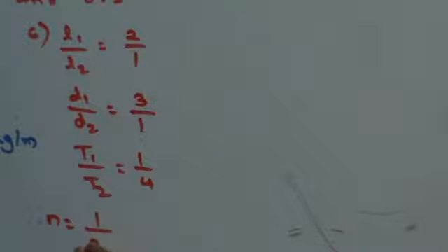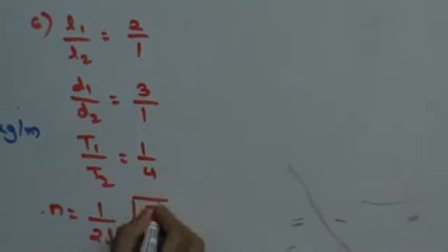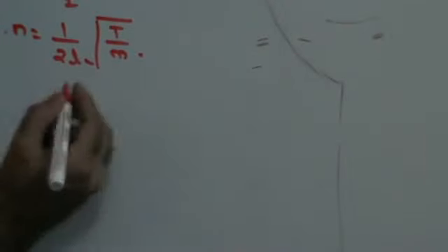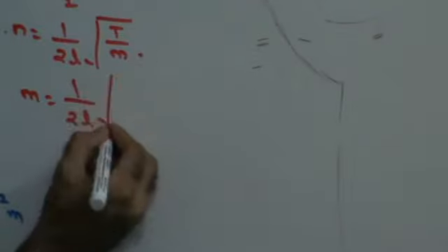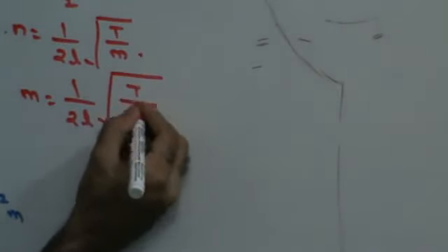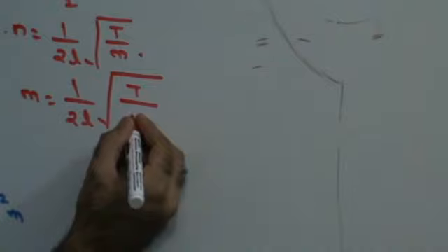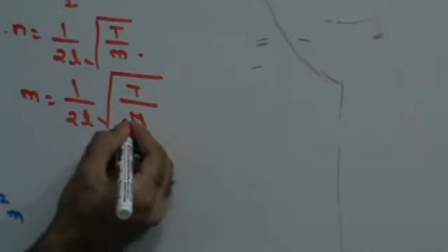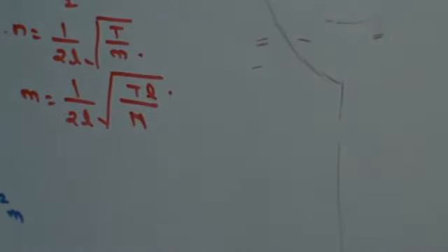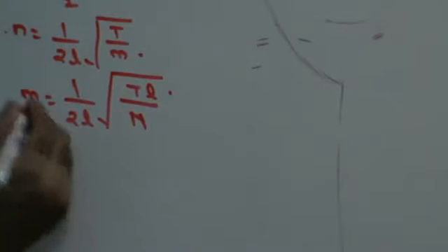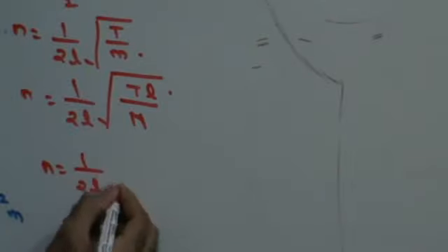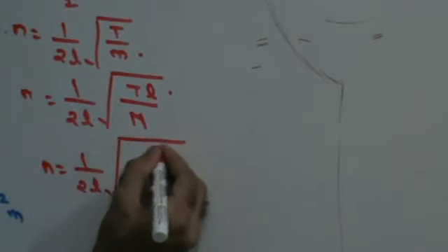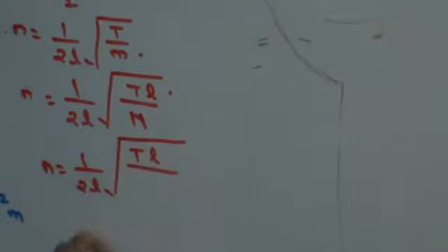N is equal to 1 upon 2L square root of T by M. This is linear density, so this is going to be 1 upon 2L square root of T. Linear density is nothing but mass per unit length, so that will be M upon L. Now this can be written as fundamental frequency N is 1 upon 2L square root of TL upon mass.